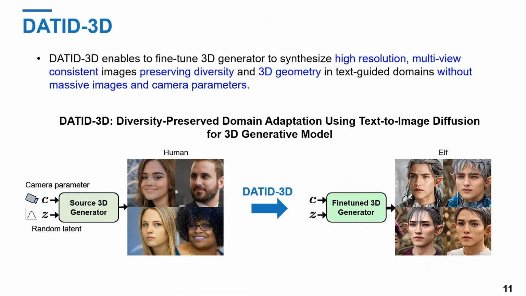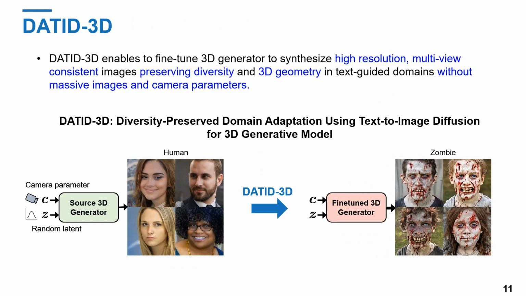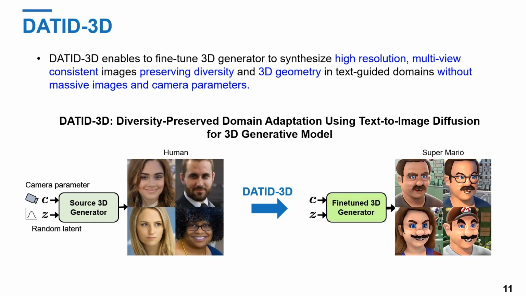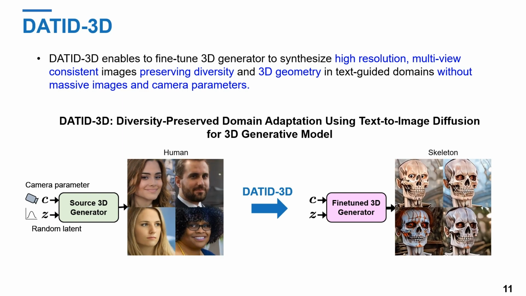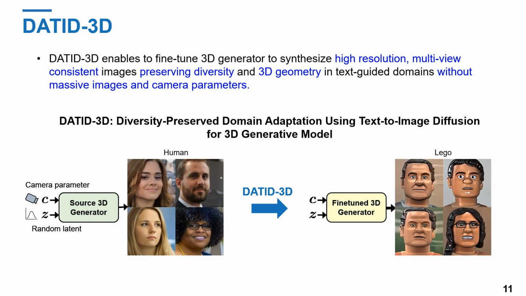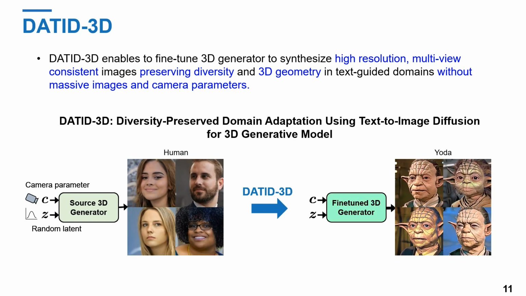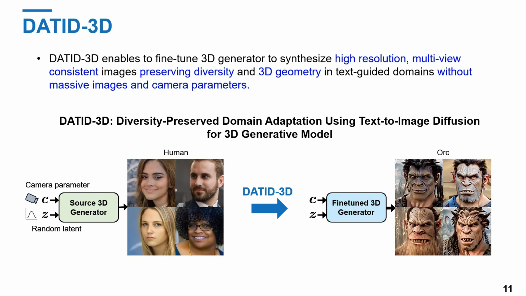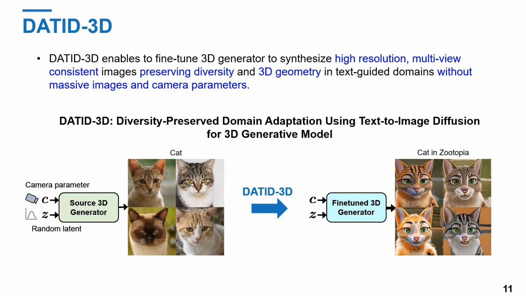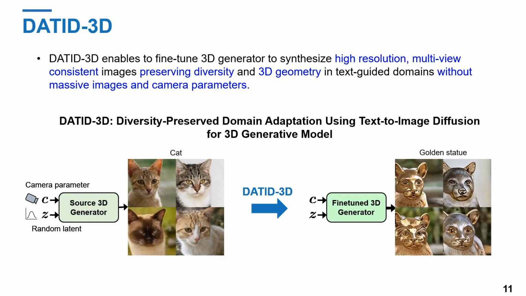To address these issues, we propose DATID-3D, diversity-preserved domain adaptation using text-to-image diffusion for 3D generative model. Our novel pipeline enables the synthesis of high-quality multi-view consistent images with strong text-image correspondence in the text-guided domains, while maintaining diversity and the 3D geometry.